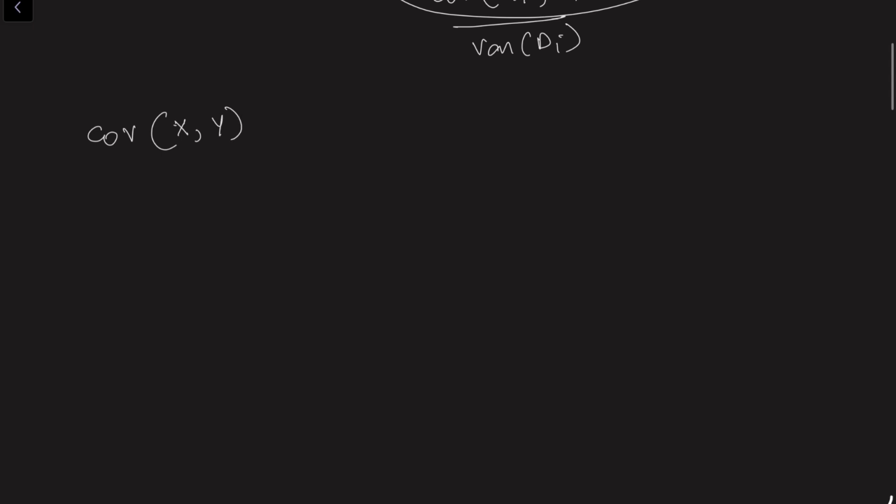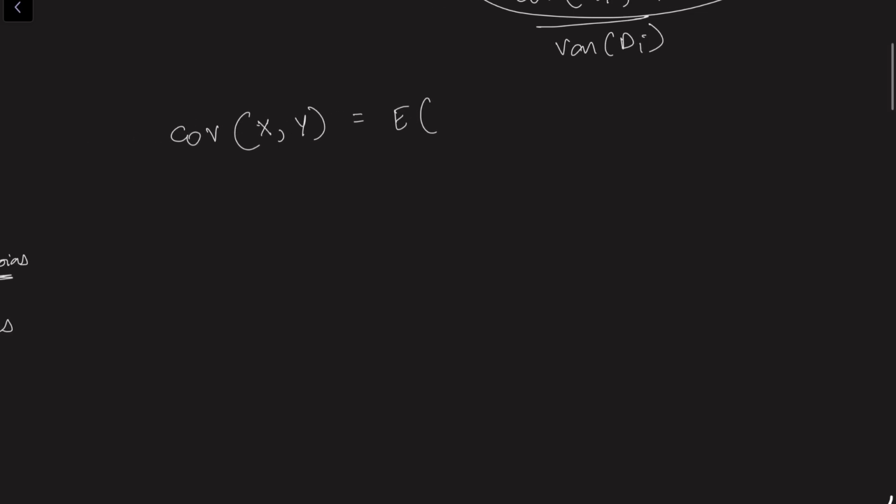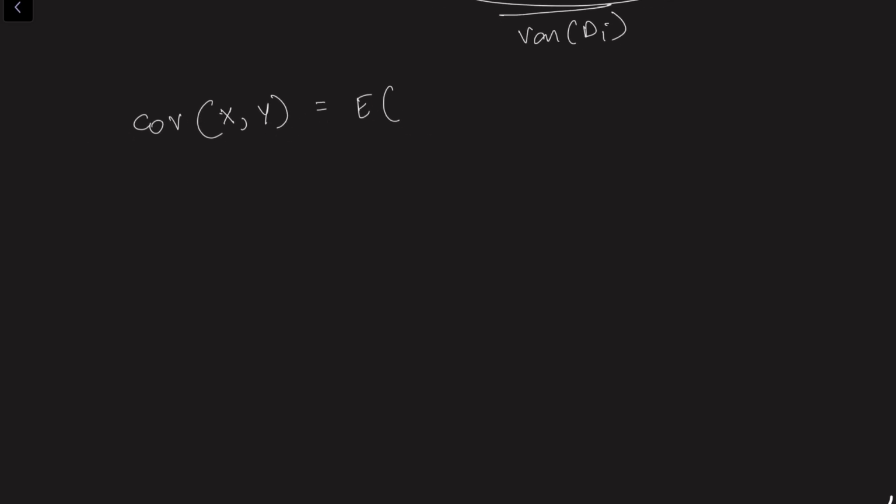The covariance of x comma y is equal to expectation of x minus expectation of x, whole bracket, times y minus expectation of y. This is a formula you can remember and write.